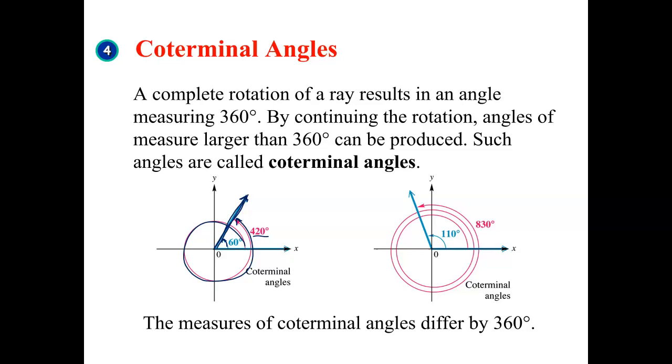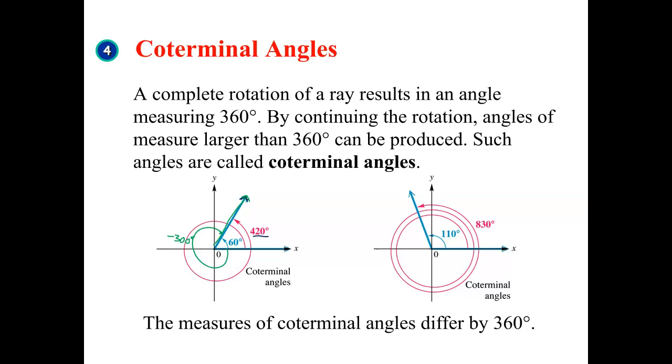I could do a negative rotation and do the same thing. If I wanted to, I could take another angle and I could do a negative rotation by negative 300 degrees and still end up at the same place. They're coterminal because they end at the same place. All right, and we could do multiple rotations.